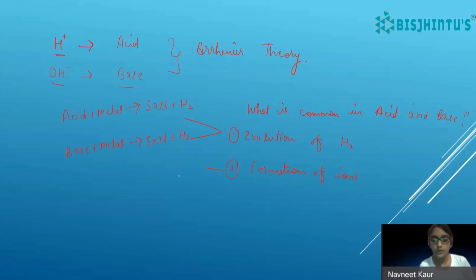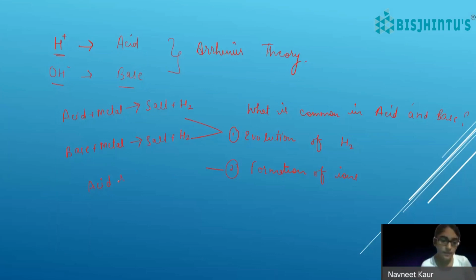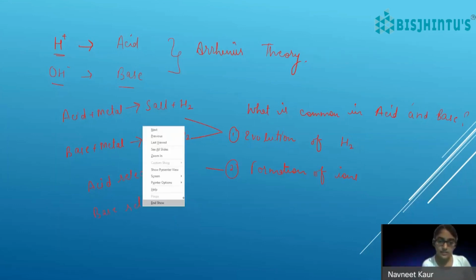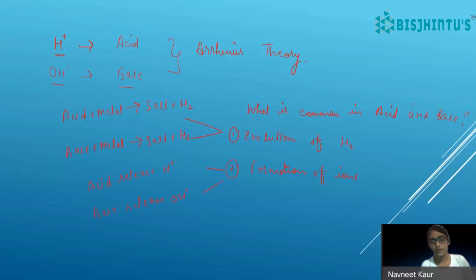Okay, and when we talk of formation of ions, which ion is released by the acids? Can you name? Acid releases H positive ion and the base releases OH negative ion. So, my dear students, this was all about our today's lecture.